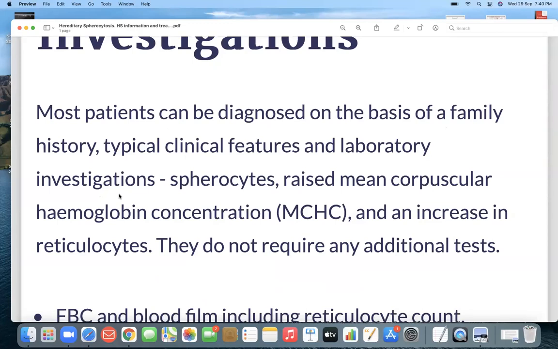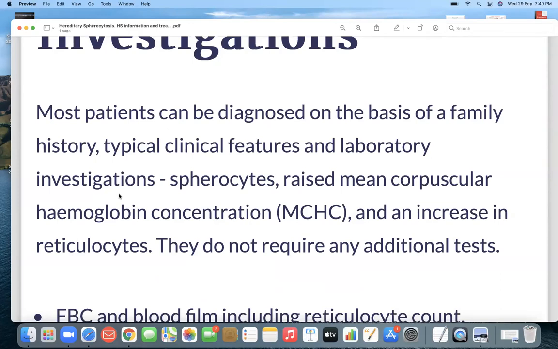That is the positive family history, and typical clinical features in the child like pallor, jaundice, and splenomegaly. Laboratory investigations such as spherocytes, and you should always know your interpretation, like Dr. Rohel was telling, MCHC, mean corpuscular hemoglobin concentration, will usually be raised.